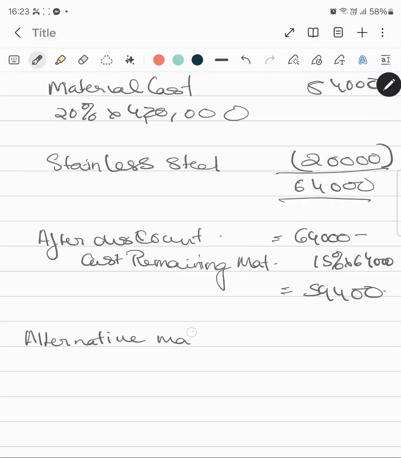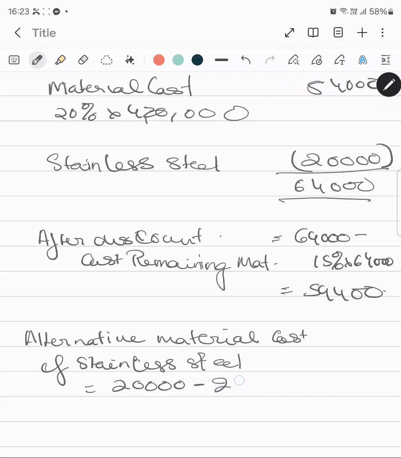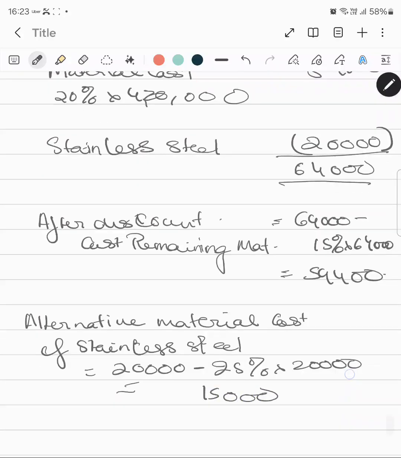So the alternative material cost of stainless steel is 20,000 minus 25% of 20,000. So this is 15,000.